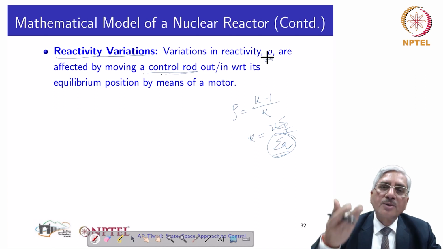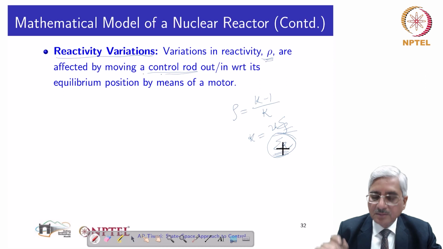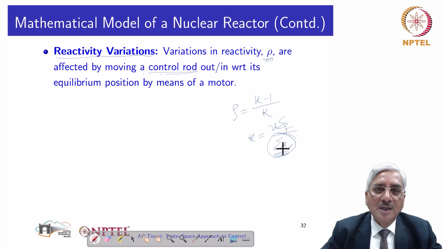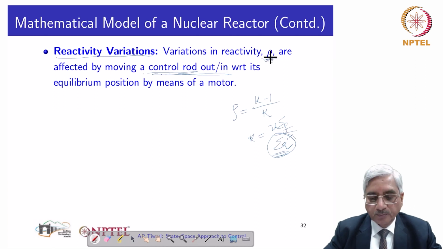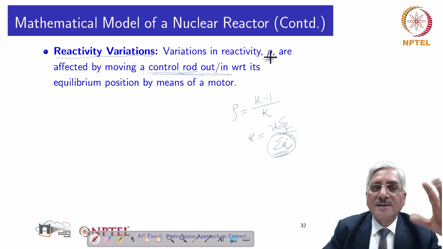And if we pull out that same rod, removing the material containing absorber, then the reaction rate will become faster. And so a control rod is used to change this sigma a and thereby the reactivity rho. When it is at equilibrium, the reaction rate is constant.